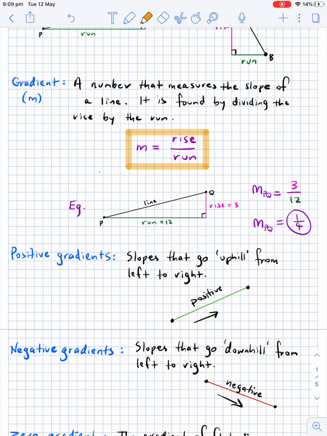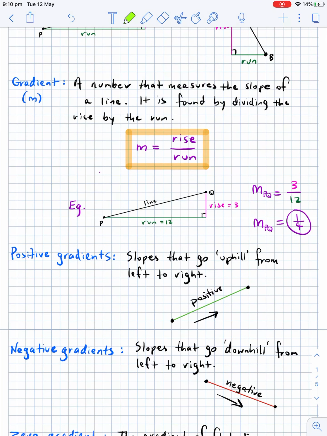So the quarter represents this gradient here. Don't worry too much about why it's that number, but pretty much just think the top is your rise and the bottom is your run. You can kind of see this relationship with the triangle.